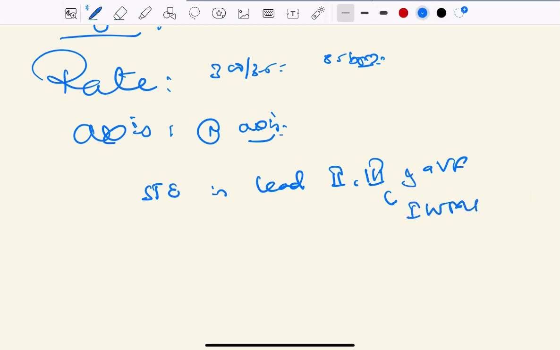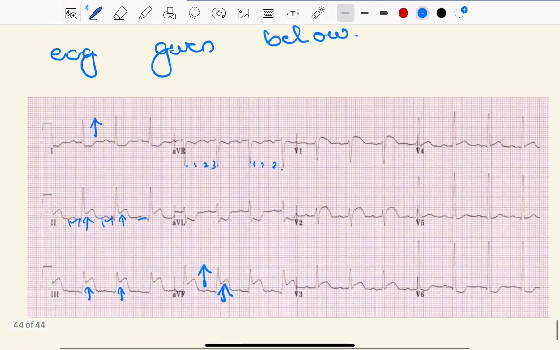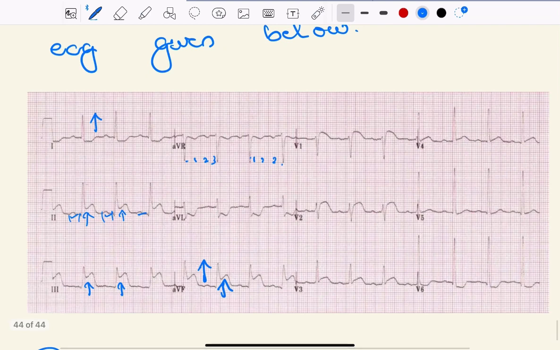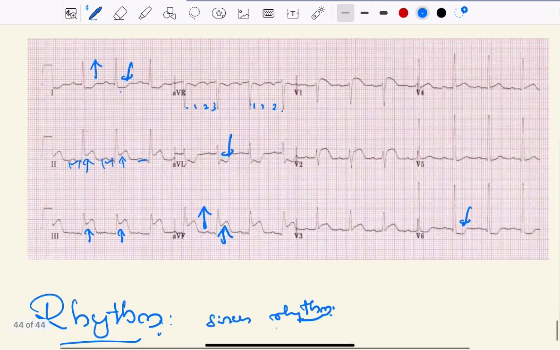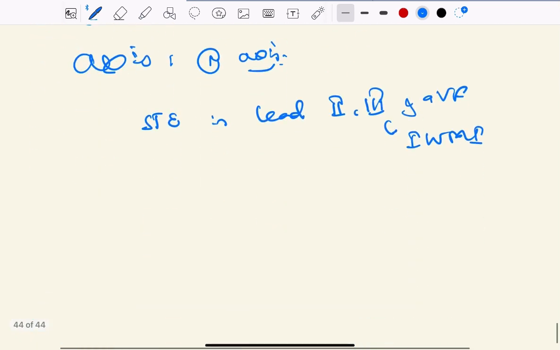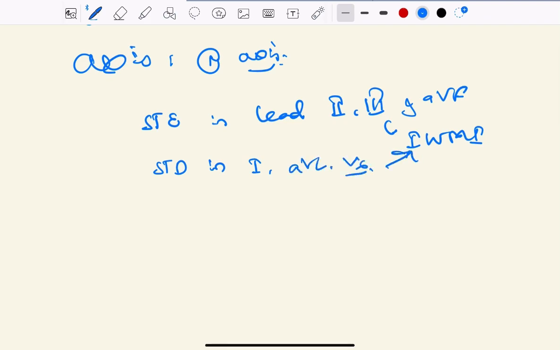And there is reciprocal ST depression in lead 1, lead aVL and lead V6. So reciprocal ST depression in lead 1, aVL and V6. This is again suggestive of inferior wall MI.